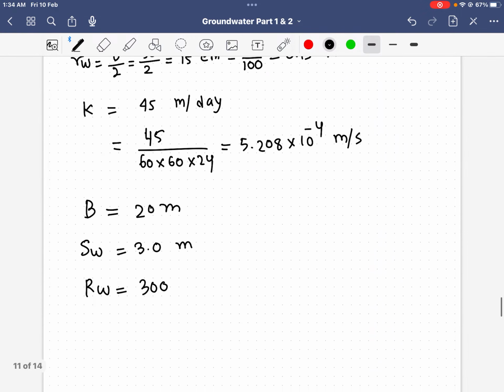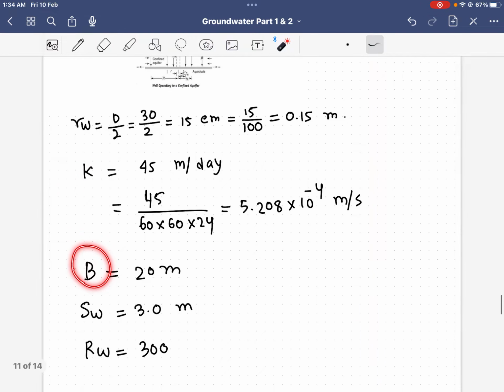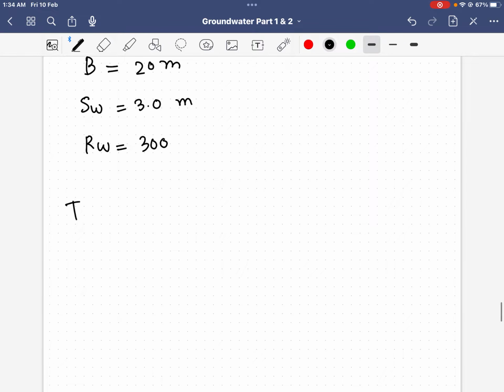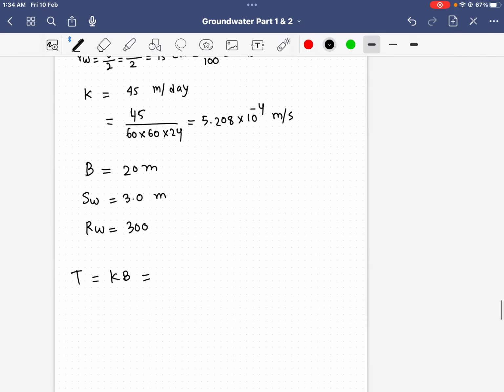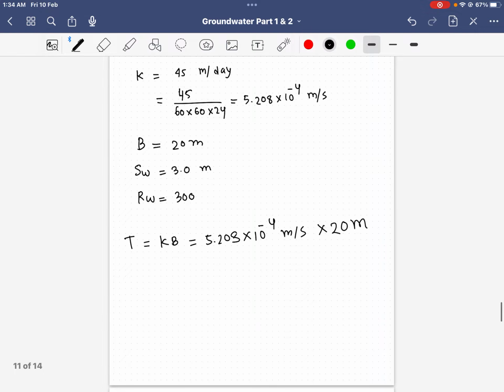Now that I have K and B, I can easily get the transmissibility. T equals K times B. So my K value is 5.208 multiplied by 10 power negative 4 meter per second, times B, which is 20 meter. The meter becomes meter square per second.